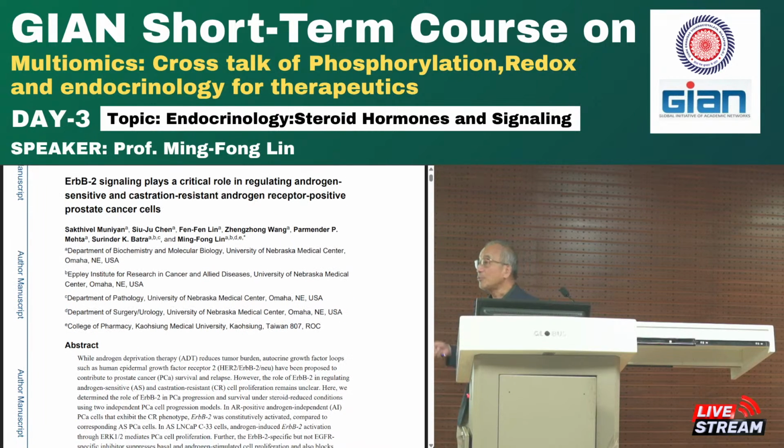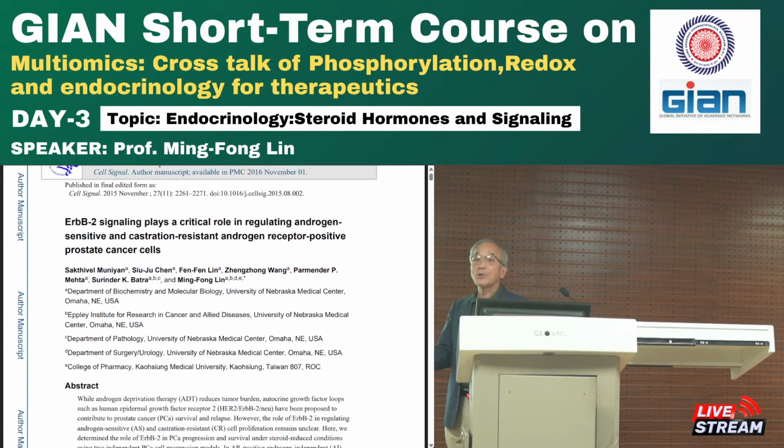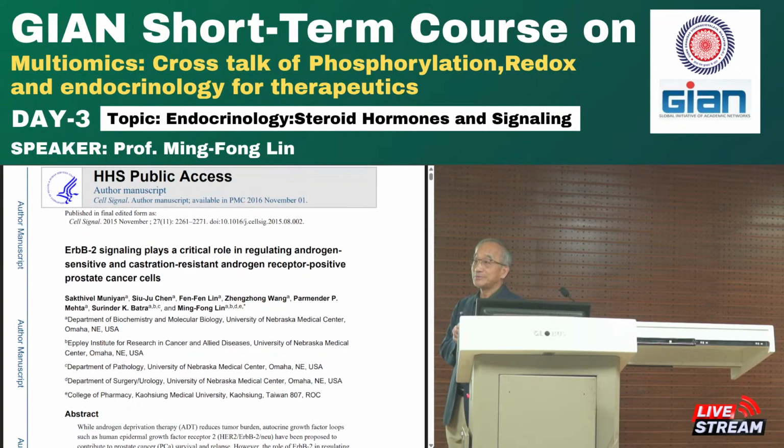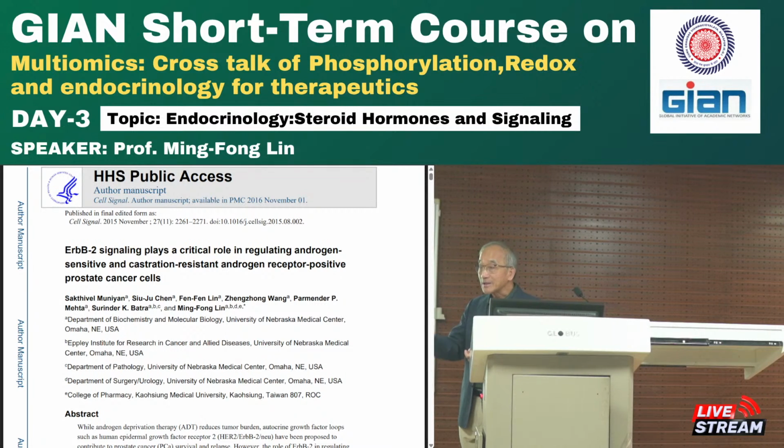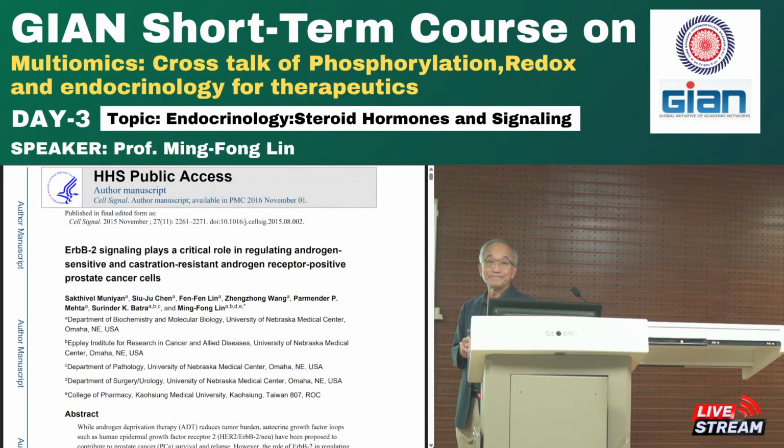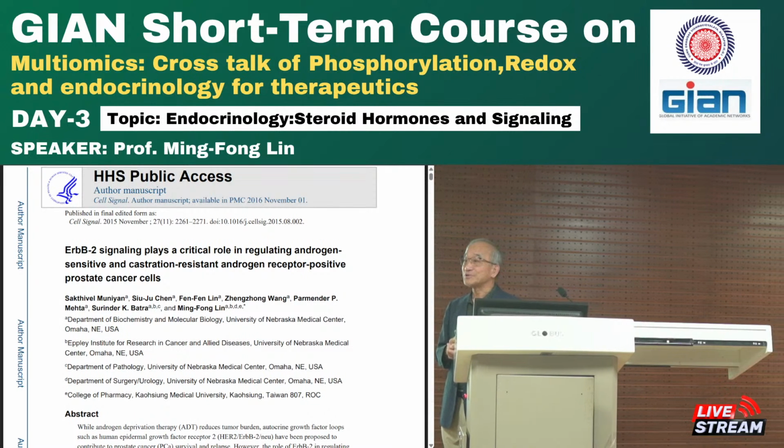But in reality, the castration resistant prostate cancer cell still requires androgen, because we can further use a new generation of anti-androgen. We can still suppress it.